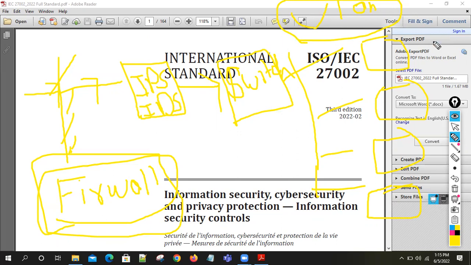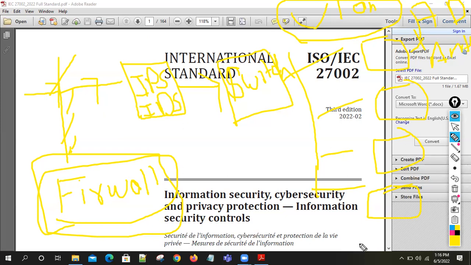Then comes the endpoint. These endpoint devices would be installed with Active Directory. Active Directory would be involved to manage the authentication and authorization mechanism. Antivirus is also installed in the system to fight against malware and all.